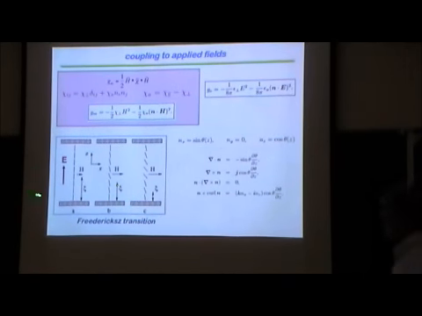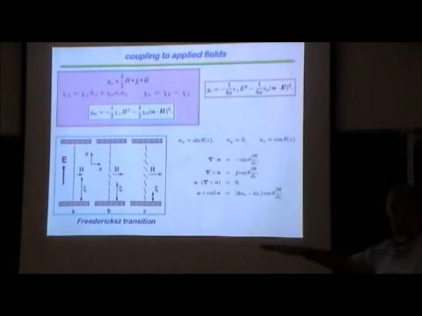Now, you could also do this with an electric field. If the dielectric anisotropy is positive, the electric field will just stabilize this orientation. But if it's negative, then again the molecules will want to tilt over.